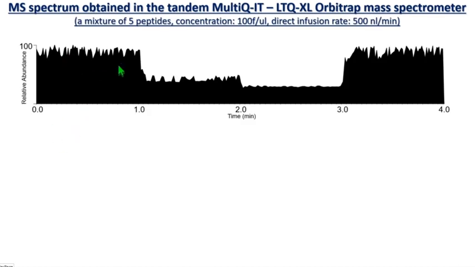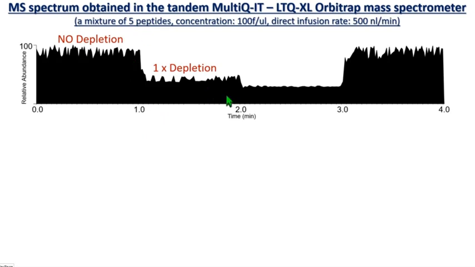This is how the experiment is performed. We run, for now, a direct infusion of a 5-peptide mixture, at a concentration of 100 femtomole, for example, with direct infusion at 500 nanoliter per minute. First, the ions pass through the MultiQ ion trap unaffected. This is this part. Then we switch, say, the first instrument in depletion mode, in Z mode, or depletion mode.